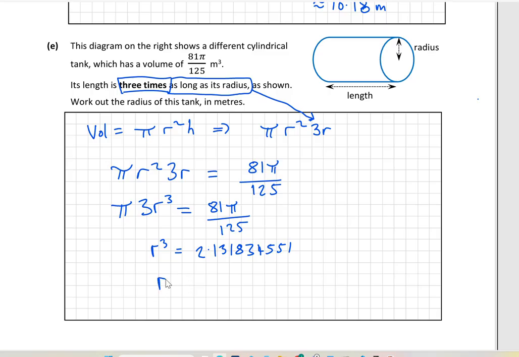I need r. So to get that, I'm going to get the cube root of that number.